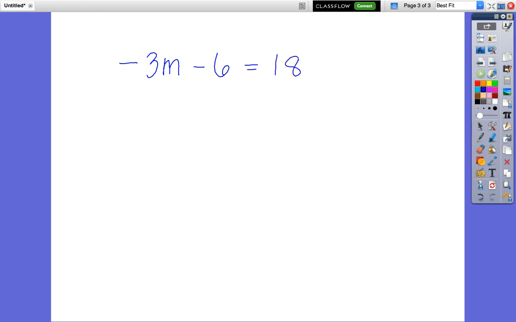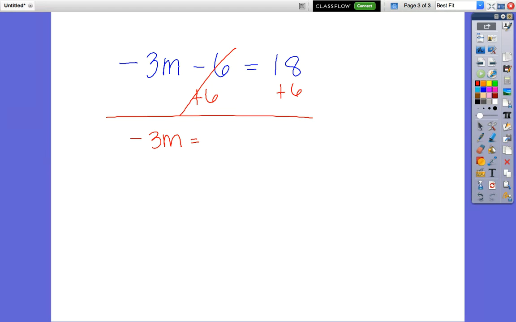So right here I have negative 3m minus 6 equals 18. The first thing I'm going to do is isolate my constant or move my constant to try to isolate my variable. Negative 6 plus 6 gives me 0, so I have negative 3m equals 18 plus 6.